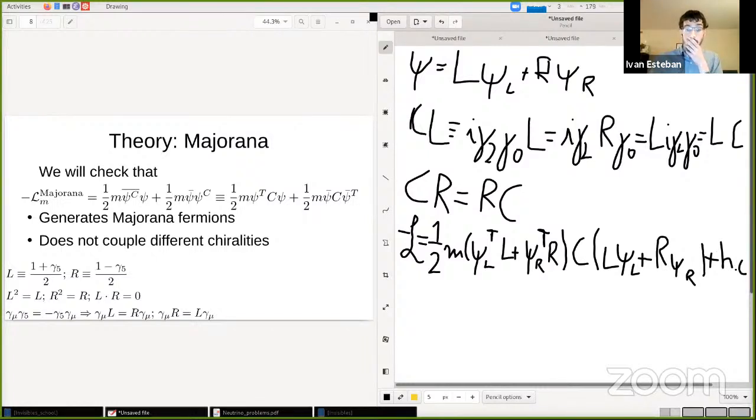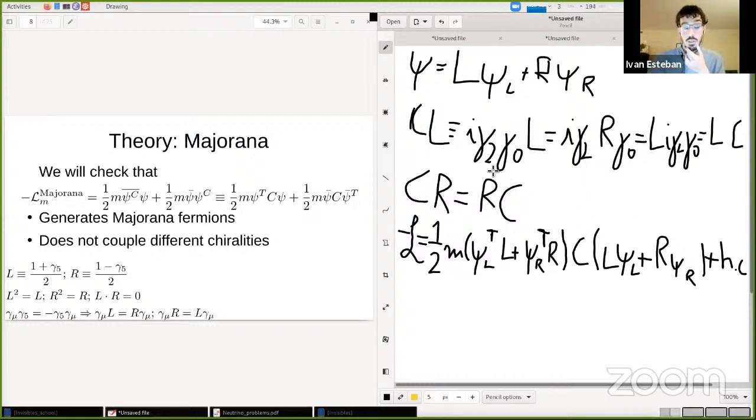Okay, so in this term here, when we expand the products, we will have 4 different terms: psi left with psi left, psi left with psi right, psi right with psi left, and psi right with psi right.